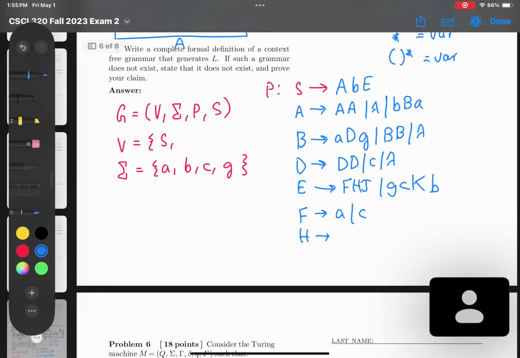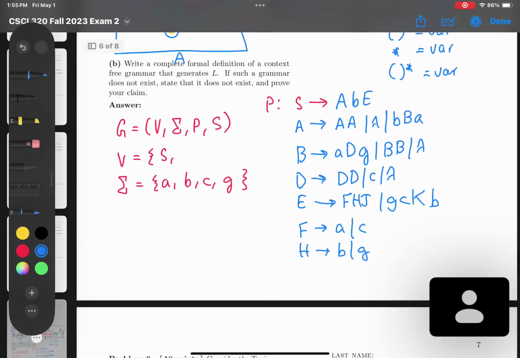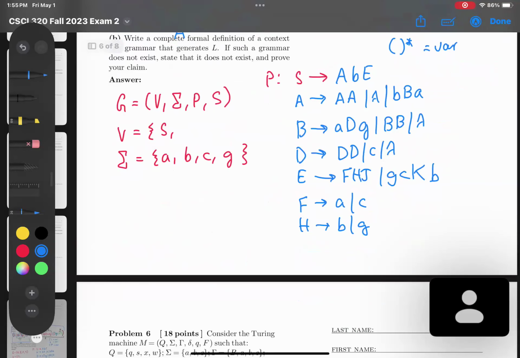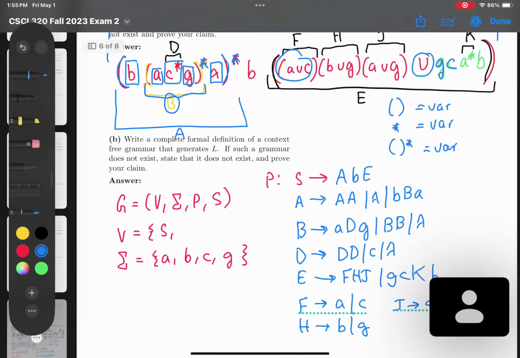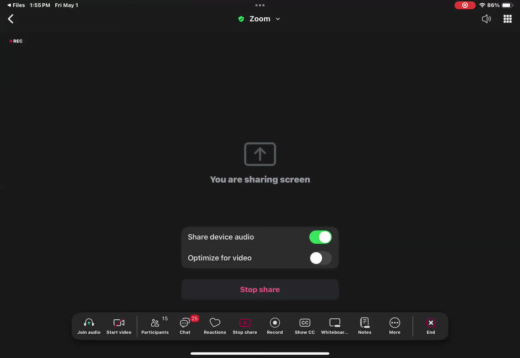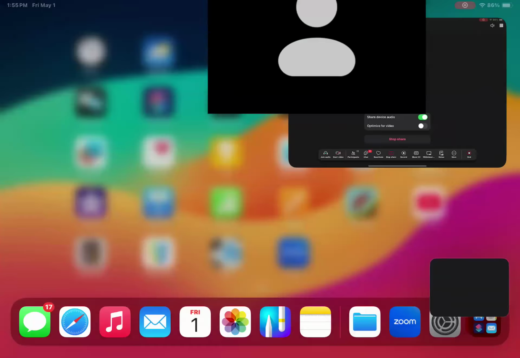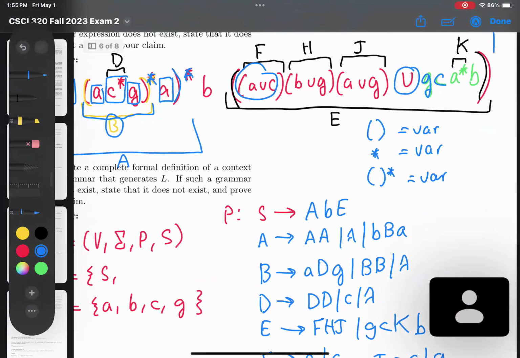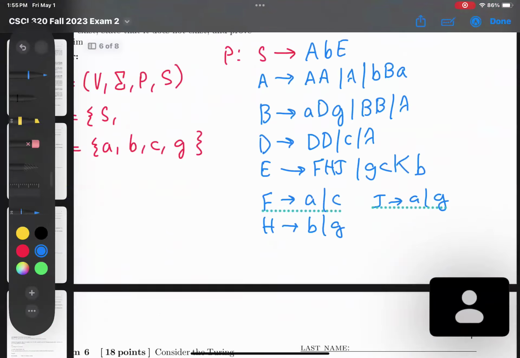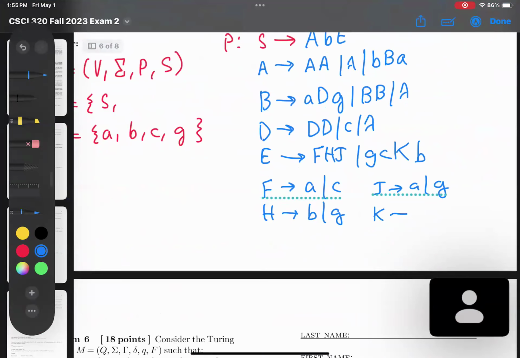H is B union G, so B bar G. And then J is A bar G. And lastly, we have K to define. So K was our A in a Kleene star. So whenever there's a Kleene star, K is KK, or lambda, or A.